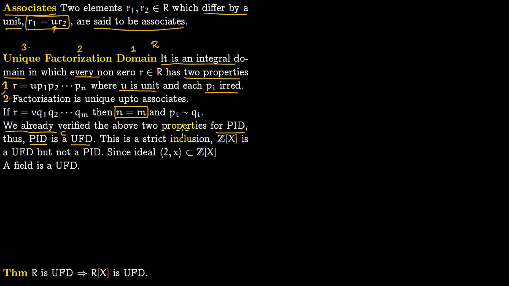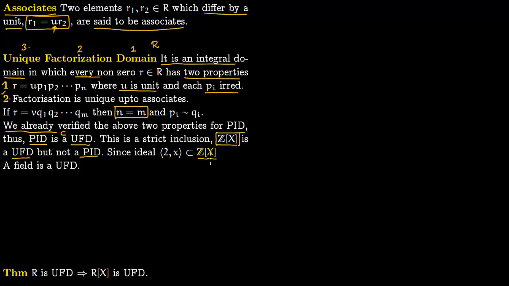An example we will give is the ring of integers, and you attach to it x, so that is the polynomials with integer coefficients, this ring Z[x]. This is a unique factorization domain, but not a PID. You can see that this is not a PID because you have an ideal, this (2, x), which lies in this Z[x], but this cannot be generated by a single element, and therefore this is not a PID.